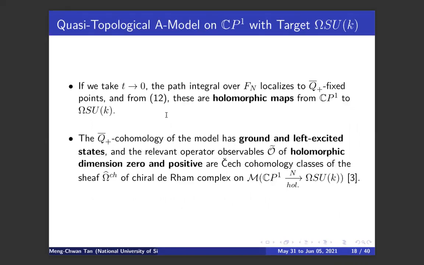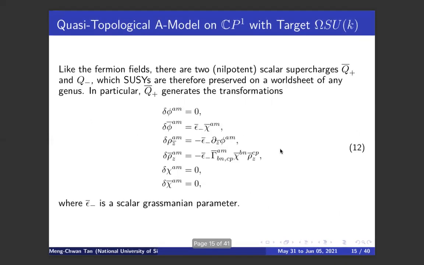And from equation 12, what configurations are these? From 12, you can see that the Q-plus fixed points are just configurations whereby you set these variations to 0. So chi is 0, and that's fine. And then it becomes holomorphic maps, so del z bar of phi must be 0.